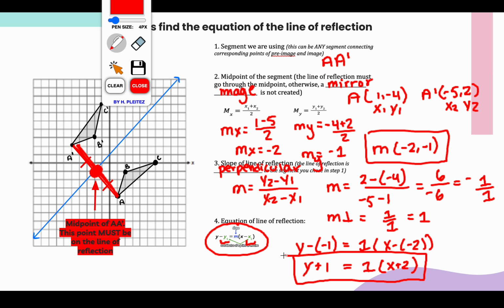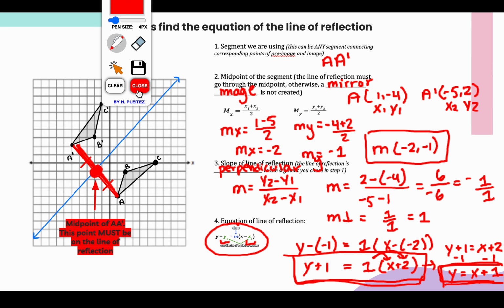However, you can also manipulate it: distribute the 1, so it becomes y plus 1 equals x plus 2, and then subtract 1 from both sides, and you get y equals x plus 1. So these are equivalent forms. What I boxed here and what I boxed here are equivalent equations of our line of reflection, okay?